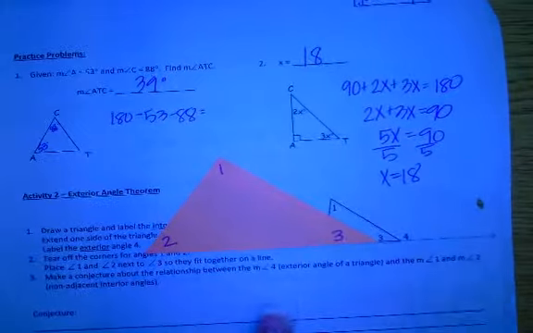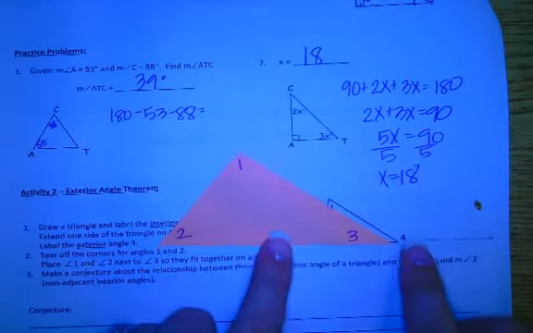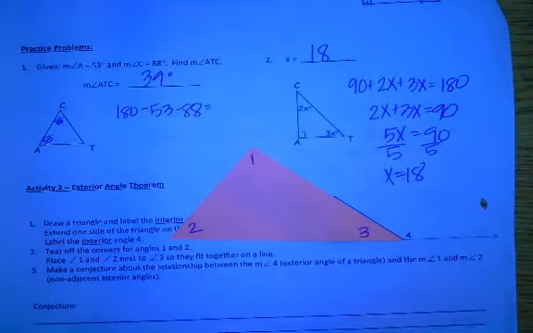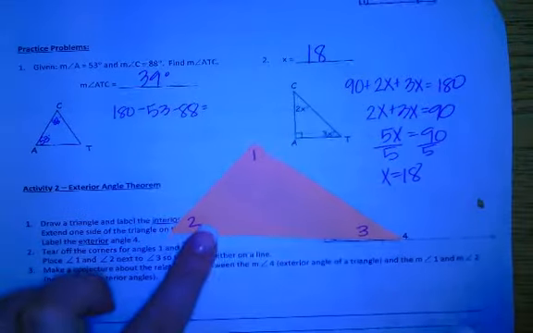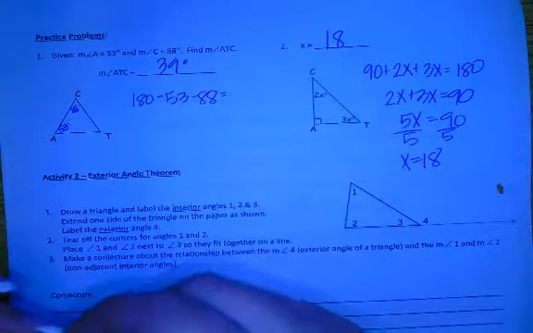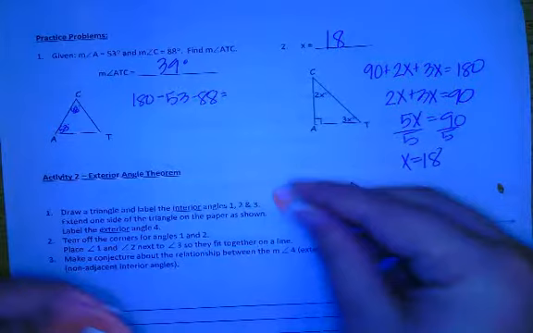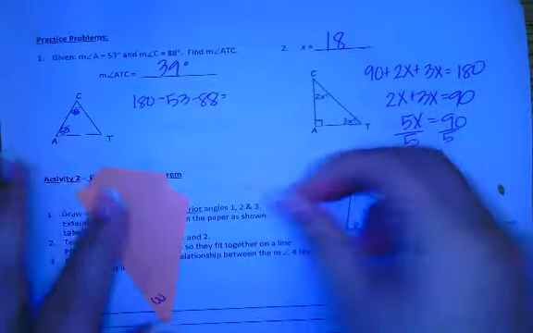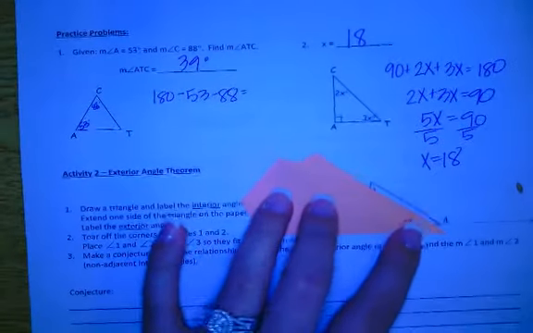So if we wanted to know the angle measure of angle 4, we could do so by adding together angles 1 and 2. So to prove this, rip off angle 1, rip off angle 2. Put angle 3 on the line.